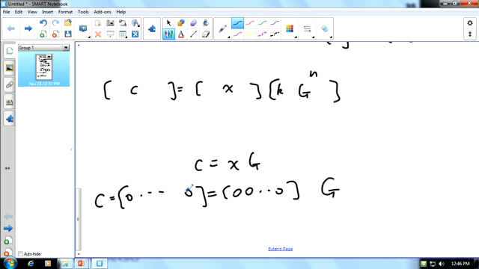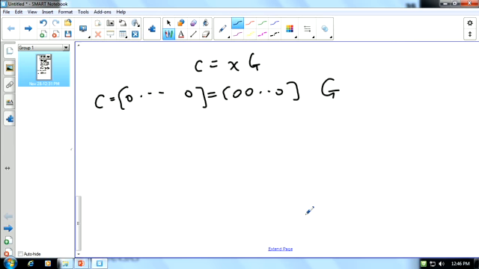Another condition is that the summation of any two code words has to be another code word. This can also be verified. Let's say we have two messages, x1 and x2. Both of these messages are length k vectors.